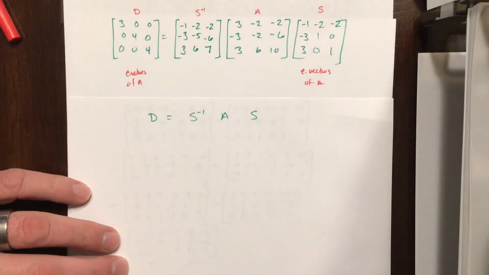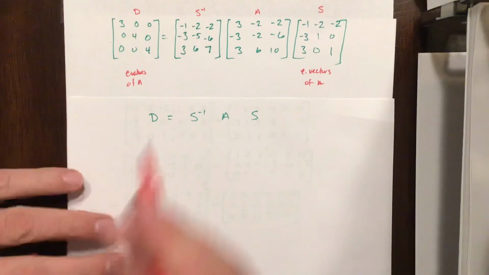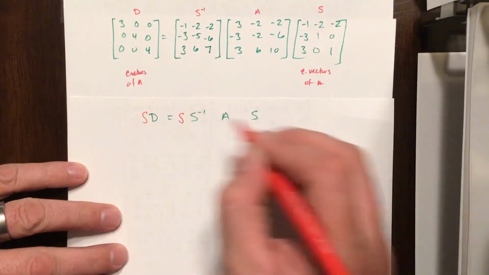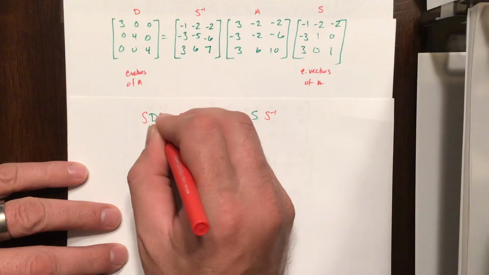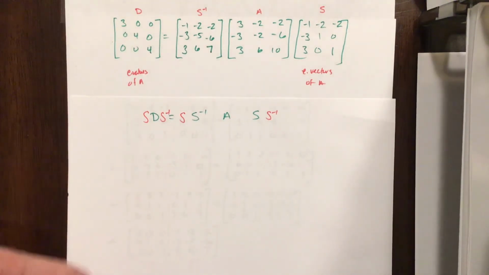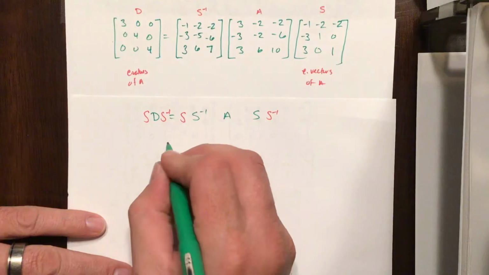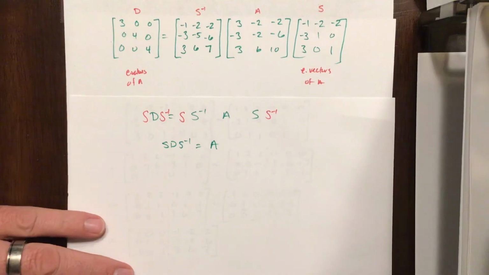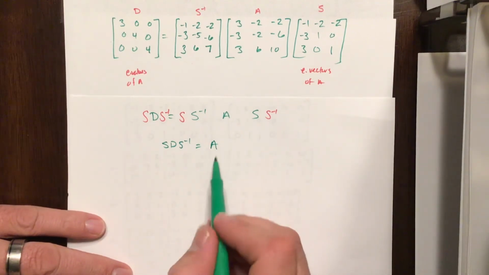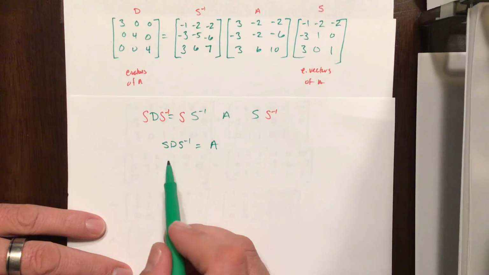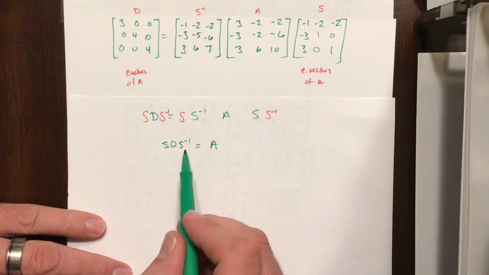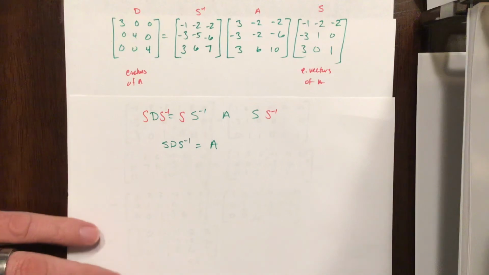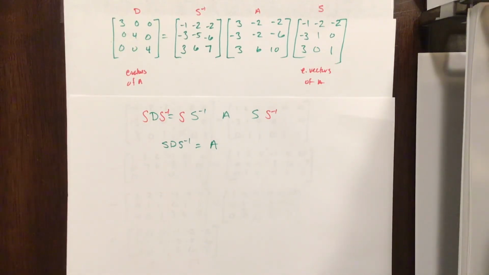But what you can also do is multiply both sides by S and both sides by S inverse. If you do that, you get the equation SDS inverse is equal to A. So sometimes students choose to say, this matrix A is equal to SDS inverse, where S is the eigenvectors of A, S inverse is the inverse of that, and D is the diagonal matrix with A's eigenvalues. And that's okay too. But there you go. That's how you diagonalize a matrix.